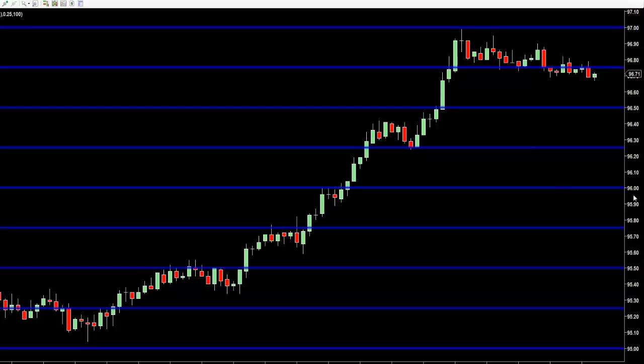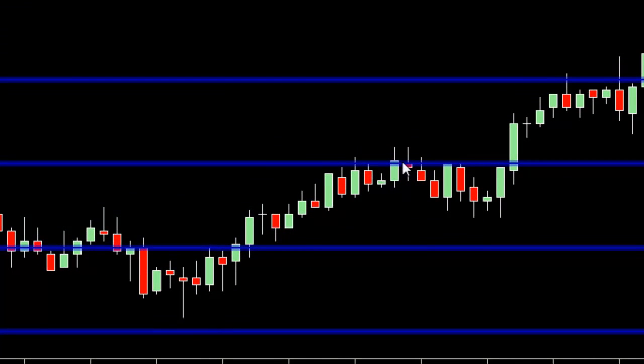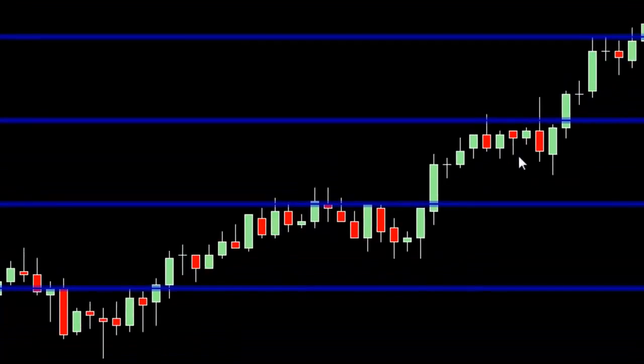I like to set mine at 96, 96 and a quarter, 96.50, 96.75, and so on. And as you'll see, once again, these round numbers, take a look here at this 95.50 level. Price bounces at the 7 o'clock open, but it stops, pulls back, and then proceeds to break through.